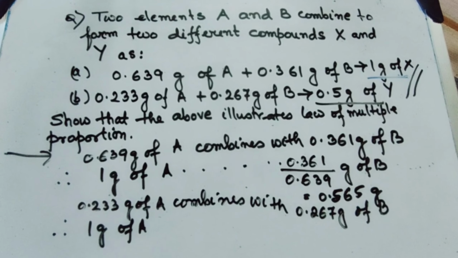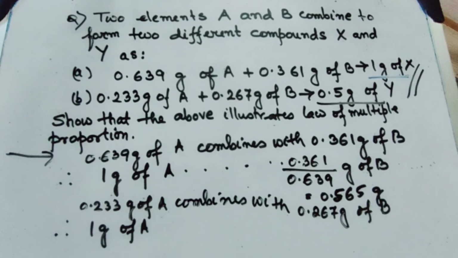So unit mass of the element combines with how much part of the other element, that we are finding.